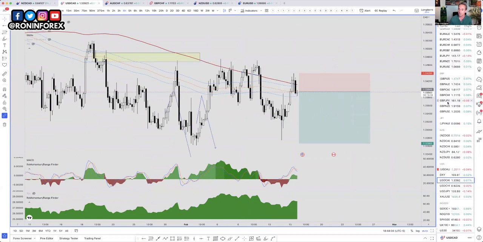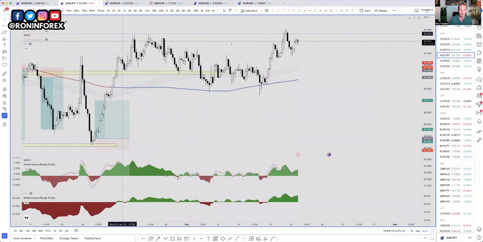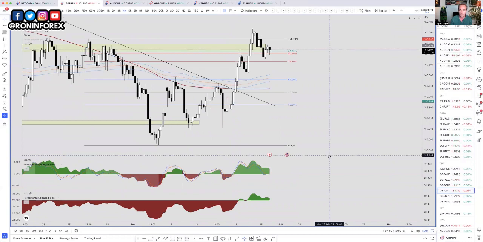Now, flip side of that, we're seeing some pretty good pullbacks on a lot of these yen pairs. So I think there's a lot of opportunity here with Aussie yen. Geez, I was looking at this earlier and it really took off. AJ, there's a lot of opportunities, right? A lot of these yen pairs are looking pretty strong and in breakout mode.